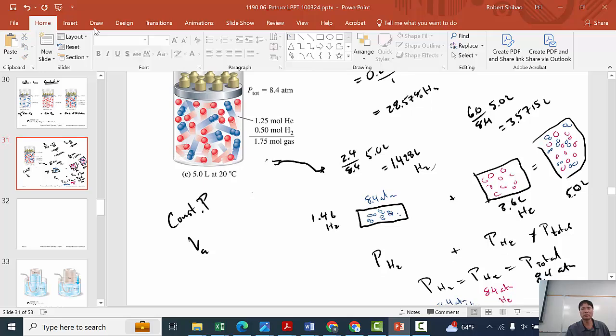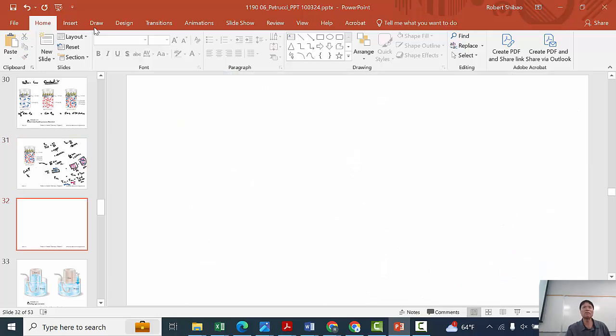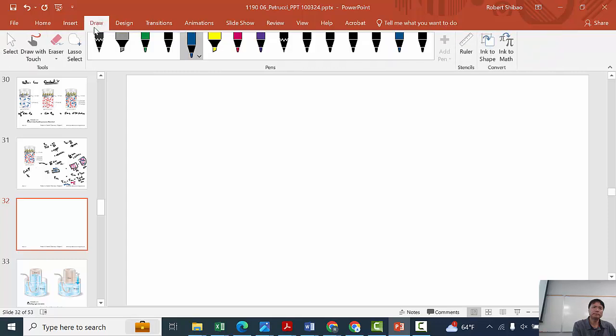Unfortunately, well, in Chem 4, it's Dalton's. They only talked about Dalton's. I threw in Avogadro's in there. But just to make sure, Dalton's is under constant volume, and Avogadro's is under constant pressure.